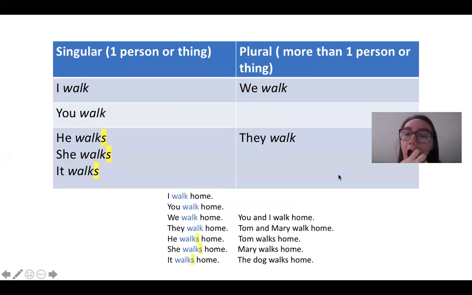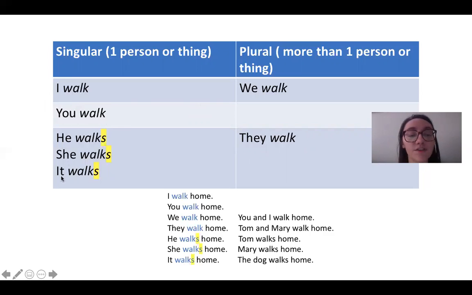So I made a chart that shows you that if it's singular, one person or thing, with I, you use walk. If you use the word you, you don't need to add an S. You just do the simple verb, like walk.